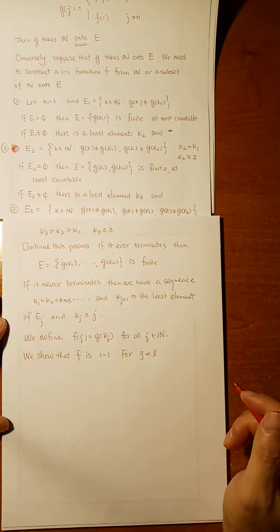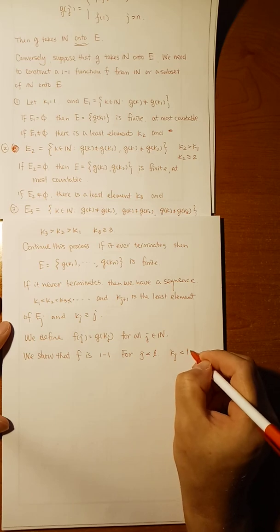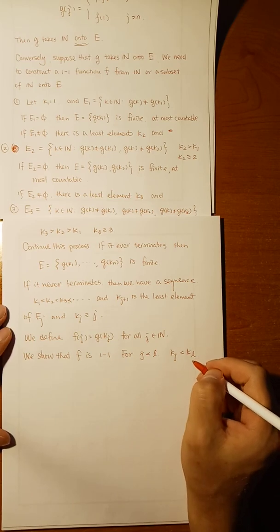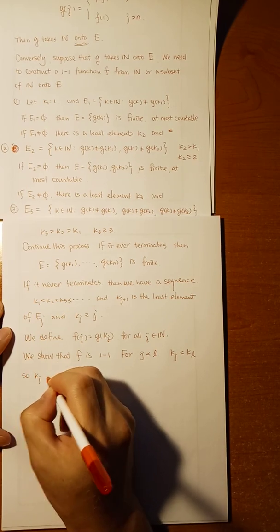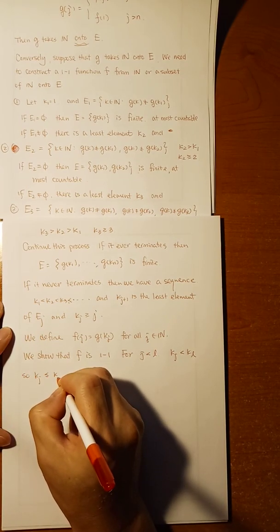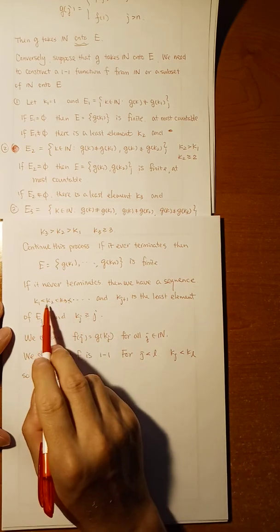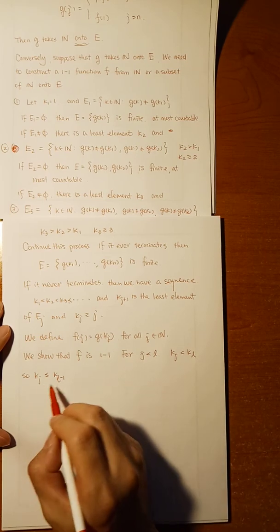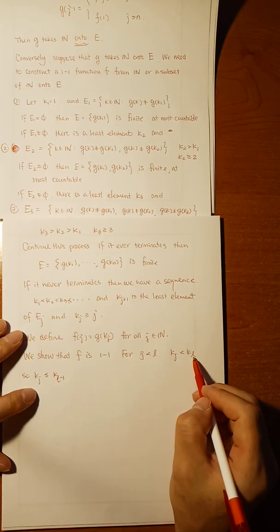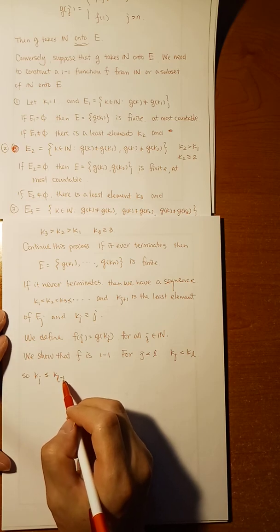So for j less than L, we have Kj less than KL, so Kj is less than or equal to K(L-1).